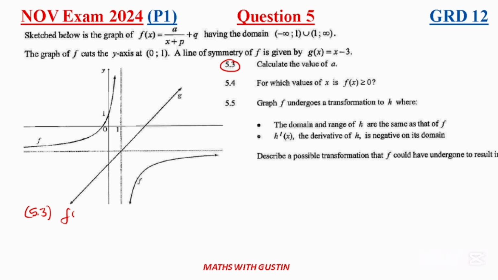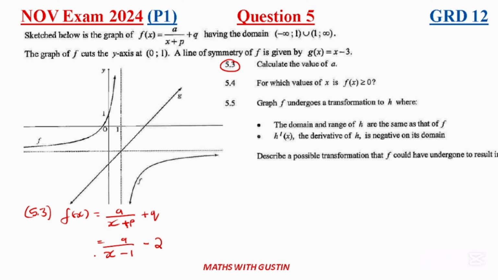Right, so f of x equals a all over x plus p, plus q. We already know the value of p, we already know the value of q, so we're just going to look for a in this case. So a over x minus 1 is going to be minus 2.